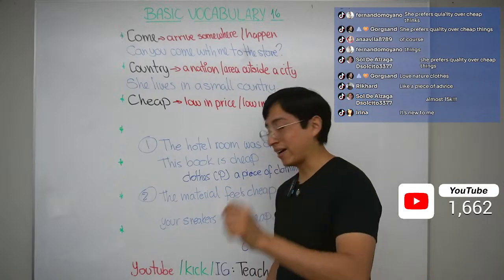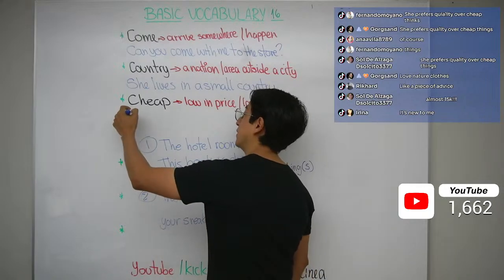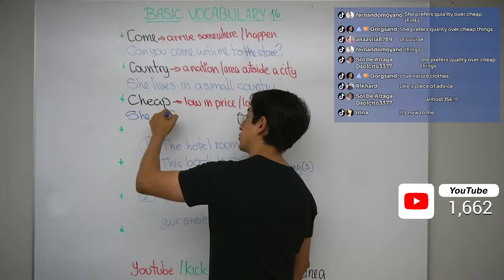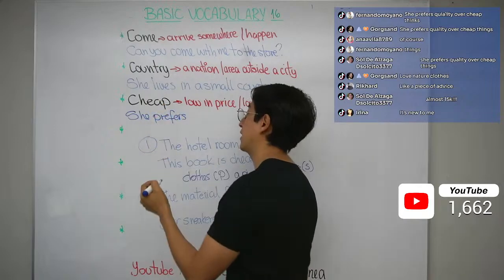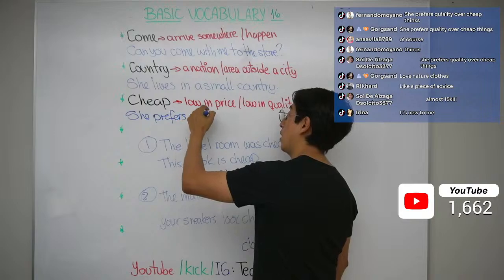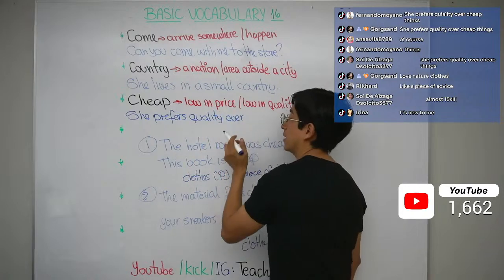Okay, let's write it down, guys. This sentence says, she prefers quality over other possibility, rather than.